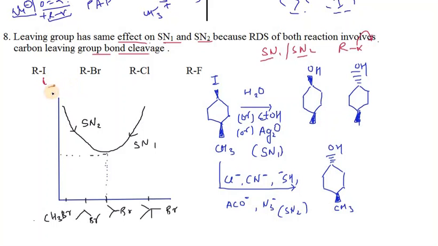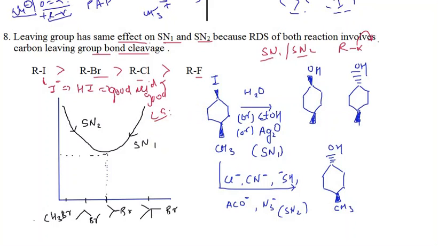If it leaves as I minus, I minus is formed from the acid HI. HI is a very good acid compared with bromine and chlorine. A good acid means a good leaving group, directly proportional. So the rate will be higher in case of iodide, then bromide, then chloride, and then fluoride.